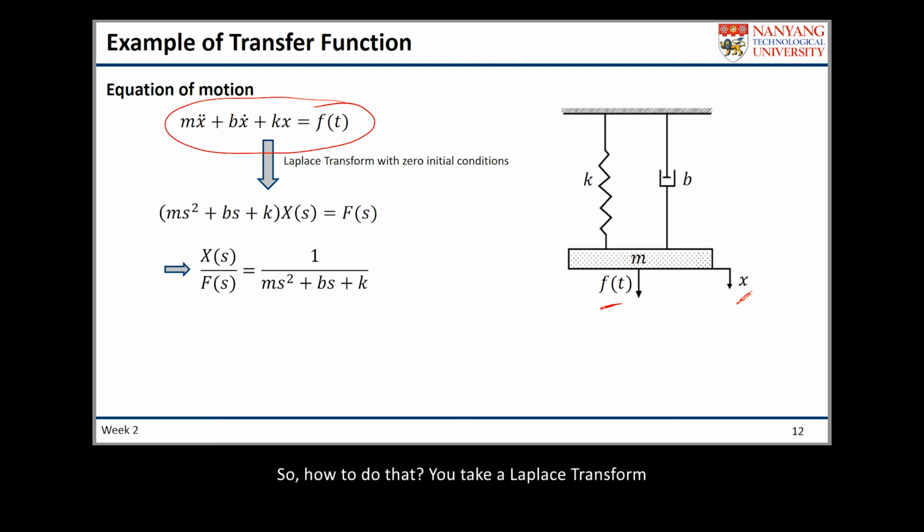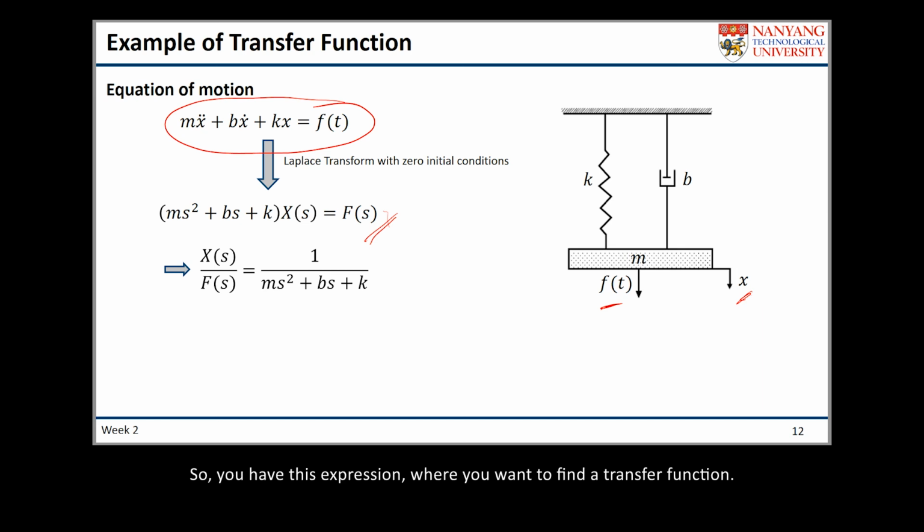You take the Laplace transform of this differential equation and you set all initial conditions to 0. After you do that, you will get this second equation. If you look at this, the capital F represents the Laplace transform of the input f(t). The capital X represents the Laplace transform of the output x in the time domain.